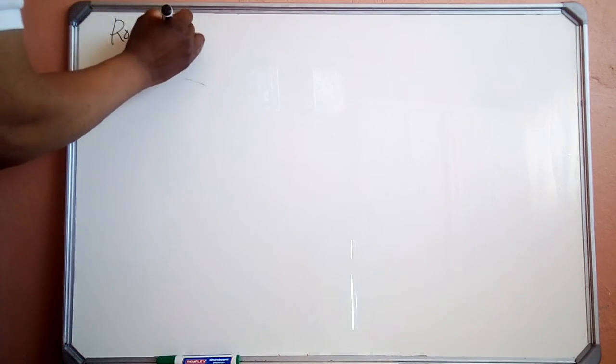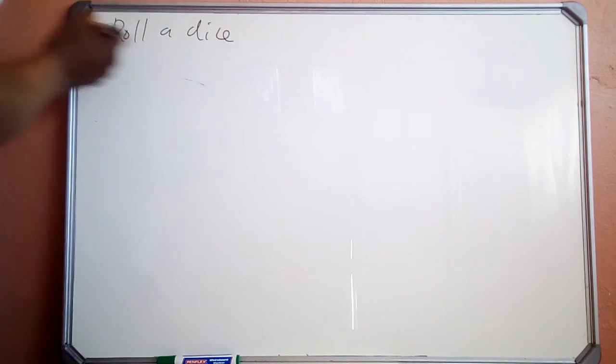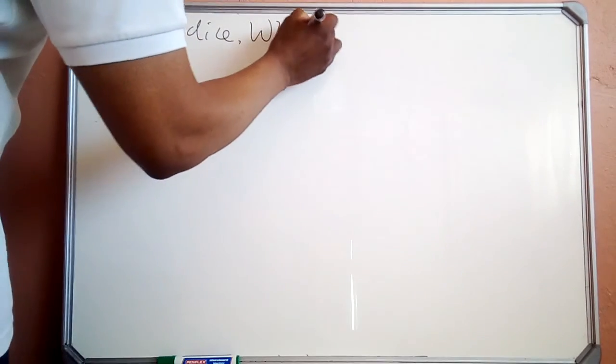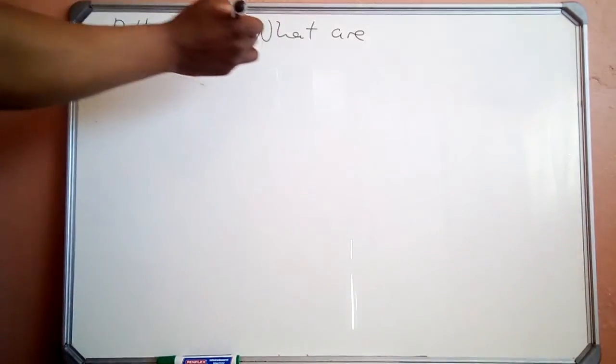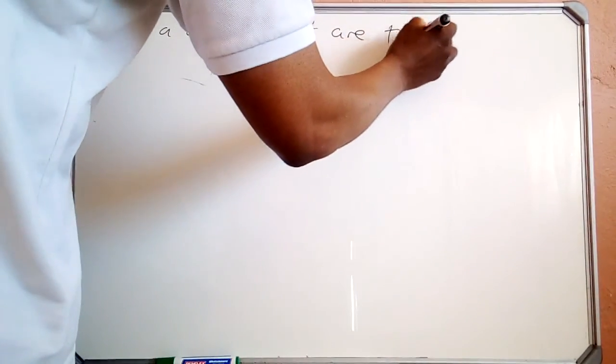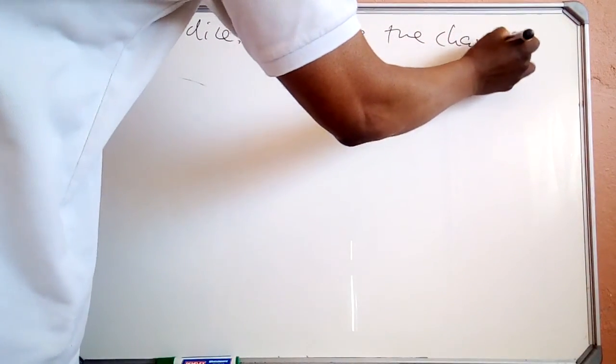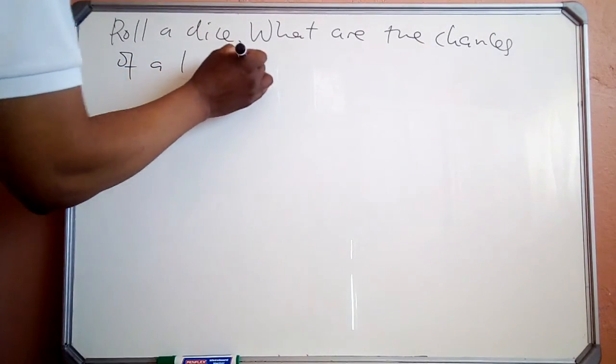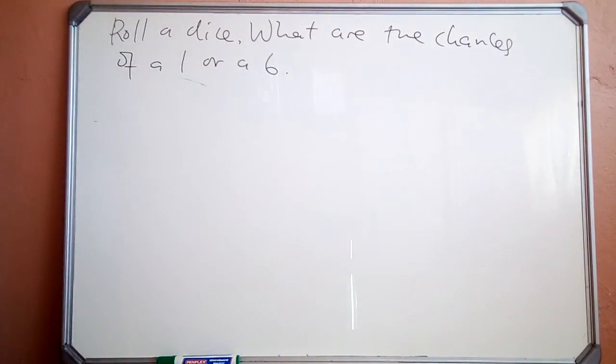You roll a die, and what are the chances of a 1 or a 6?